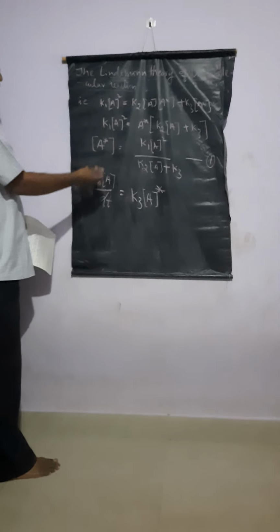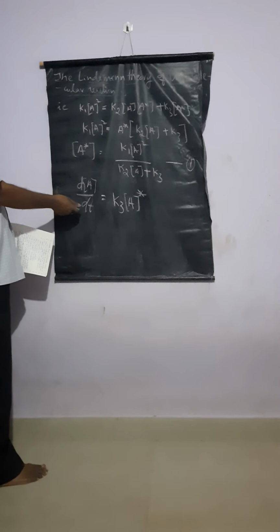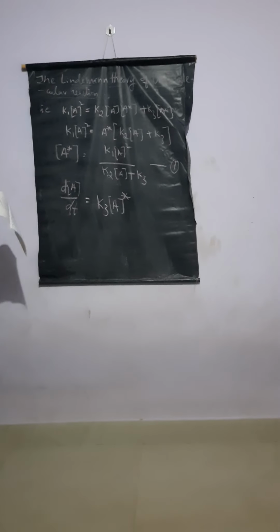Therefore, the rate of reaction, the decrease in the concentration of A, is given by K3 into concentration of A star.